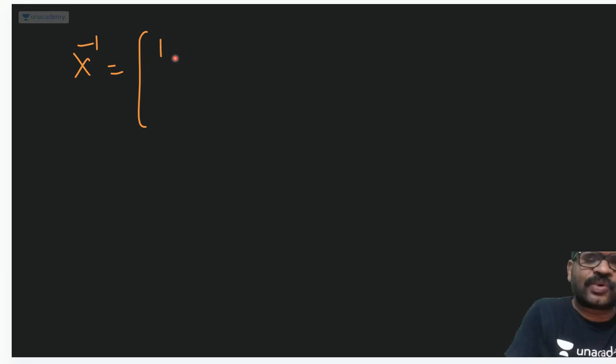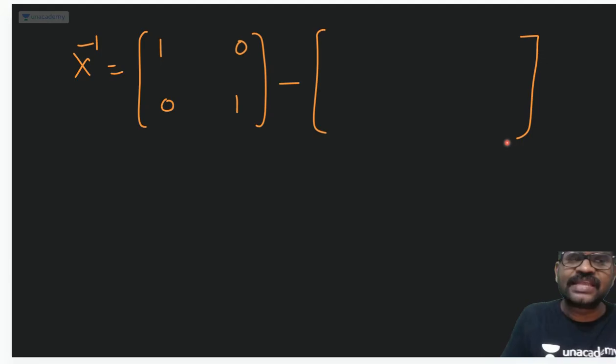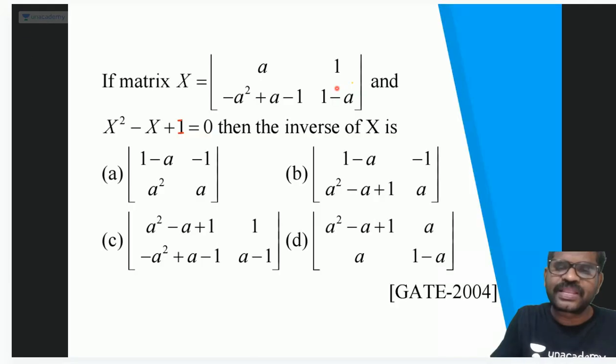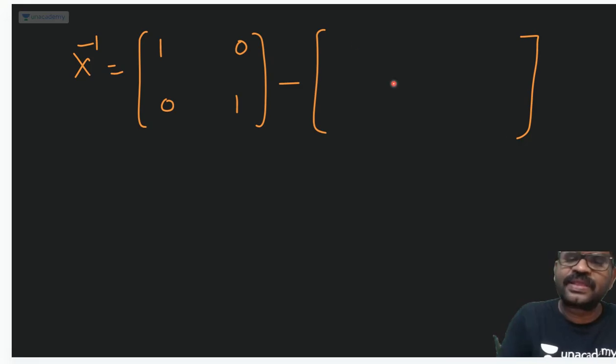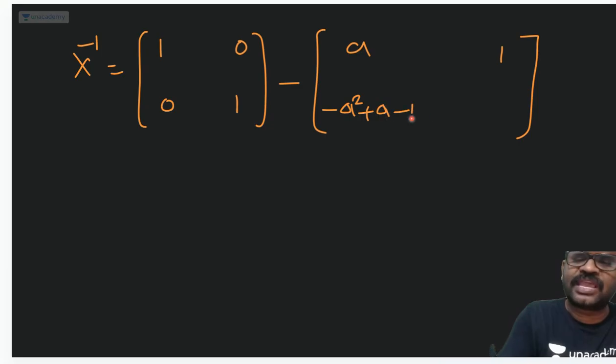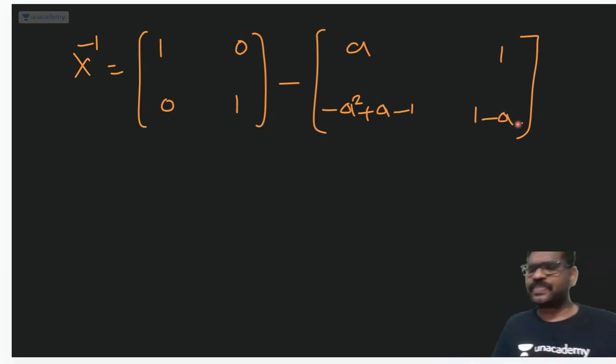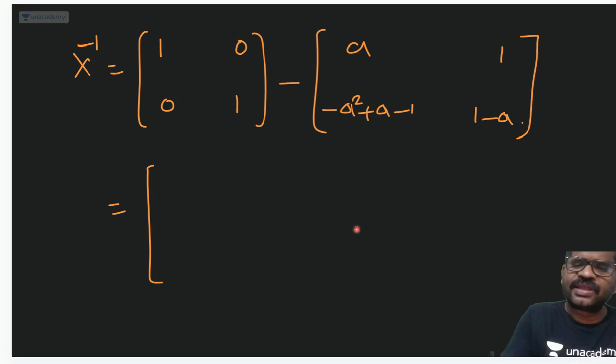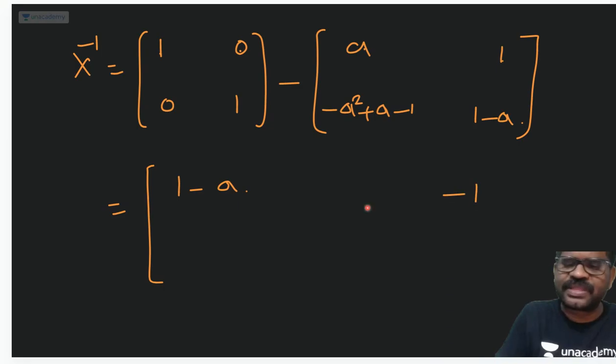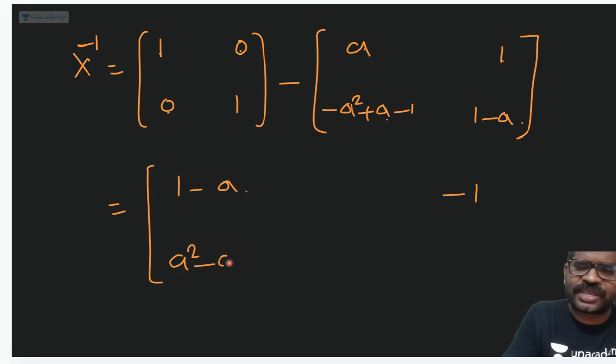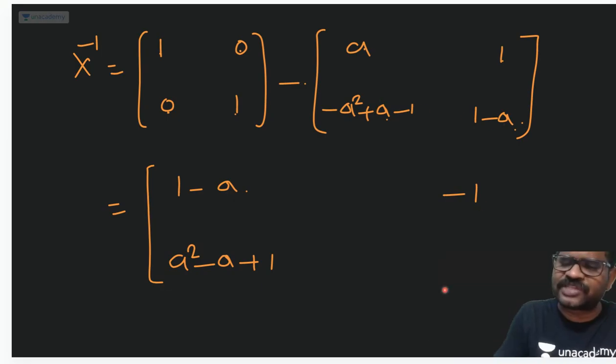Okay, now X inverse equal to I, which is [1, 0; 0, 1], minus X, which is [a, 1; -a²+a-1, 1-a]. Now calculate it, you have to subtract corresponding entries. 1 minus a, 0 minus 1, 0 minus (-a²+a-1) is a²-a+1, and 1 minus (1-a).